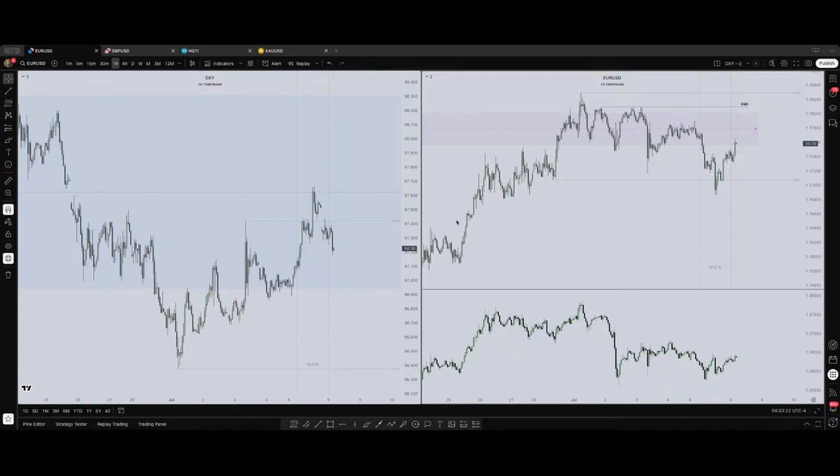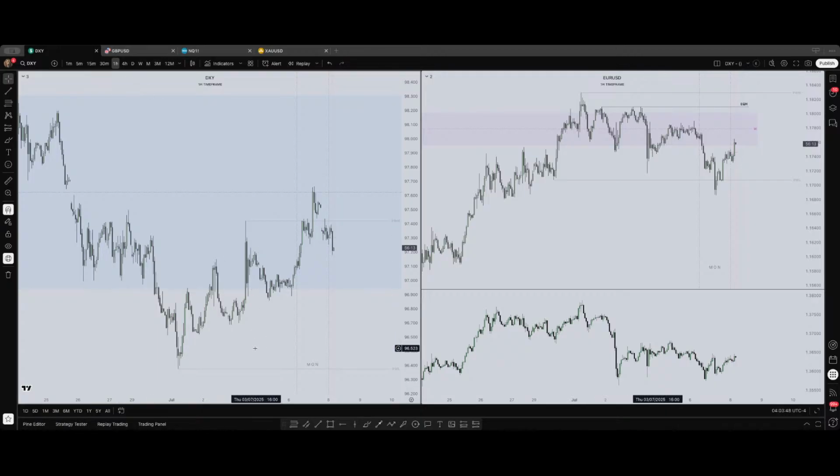Tomorrow we have FOMC, and Thursday we have unemployment claims. These are our two high impact news, which will provide an injection of liquidity, and hopefully it will move the market in a direction.